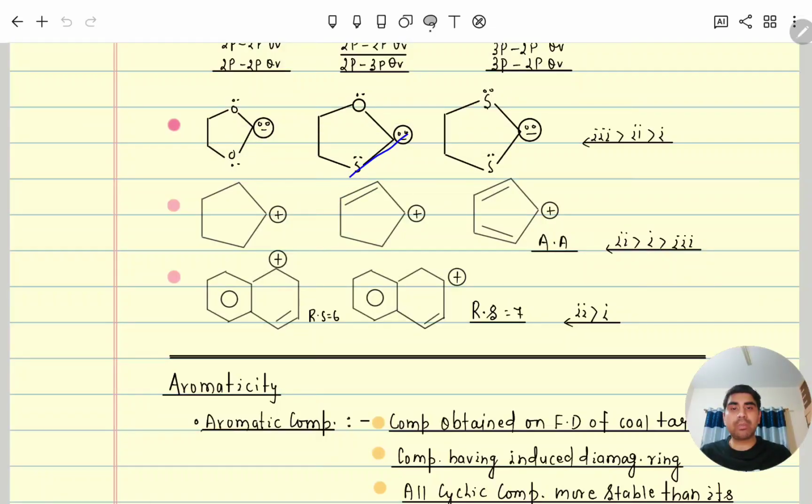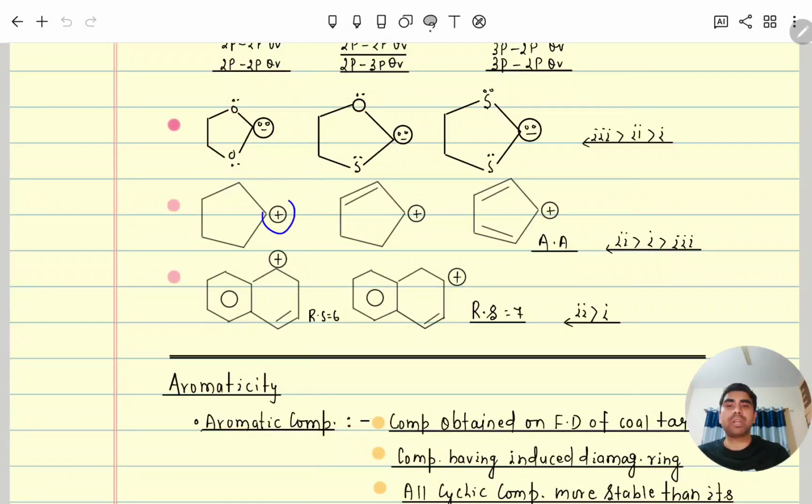So back bonding can happen from 2p to 3p. Here also, vacant d orbital, vacant d orbital, so electrons can move into the 3d vacant orbital, from high to low. So third is more stable than 2, then 1.